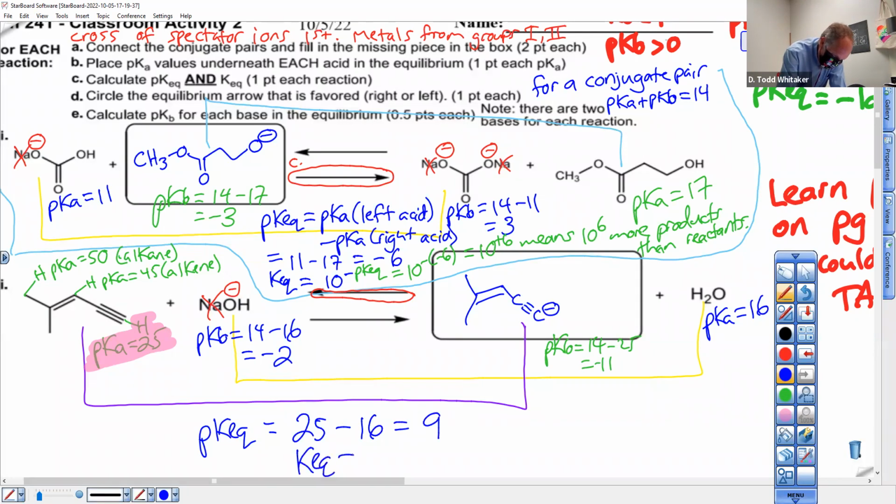Keq equals what? 10 to the negative pKeq equals 10 to the negative 9. Yes, equilibrium favors the reactants. 1 over a billion. That's 10 to the 9th in the denominator. 10 to the negative 9. Equilibrium is largely favoring reactants this time.